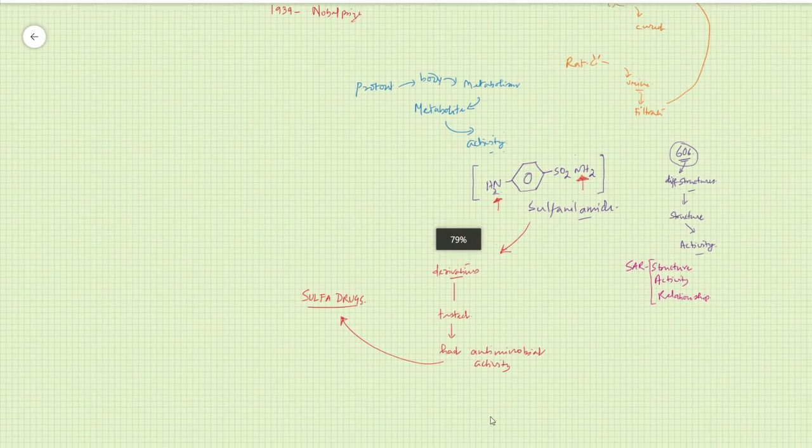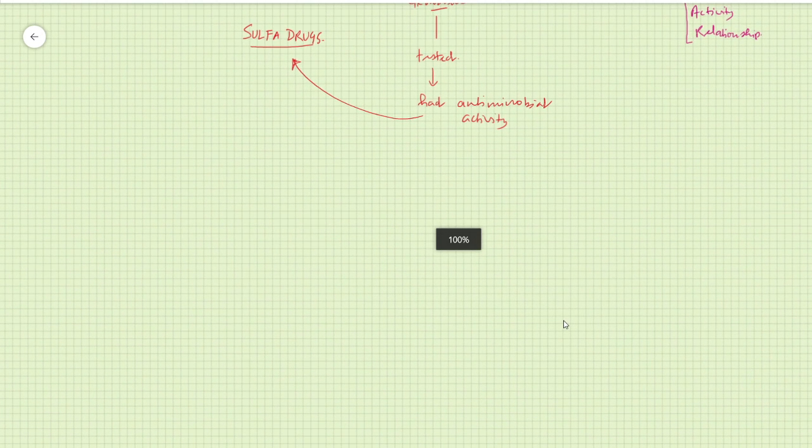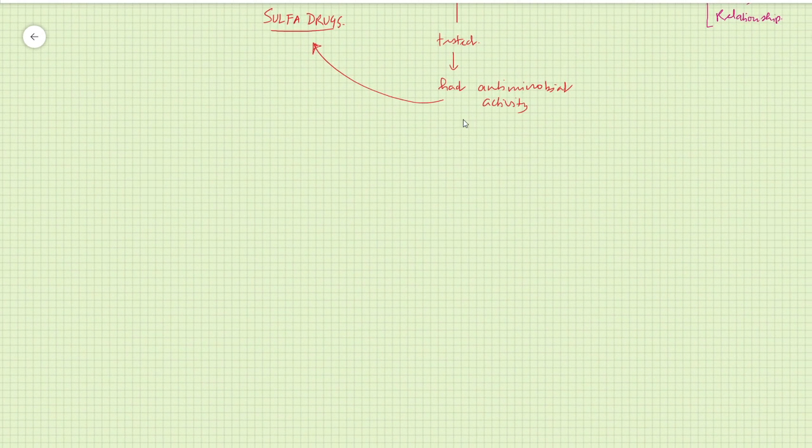So the clinically used sulfa drugs can be classified based on the duration of action, as well as the site of action.